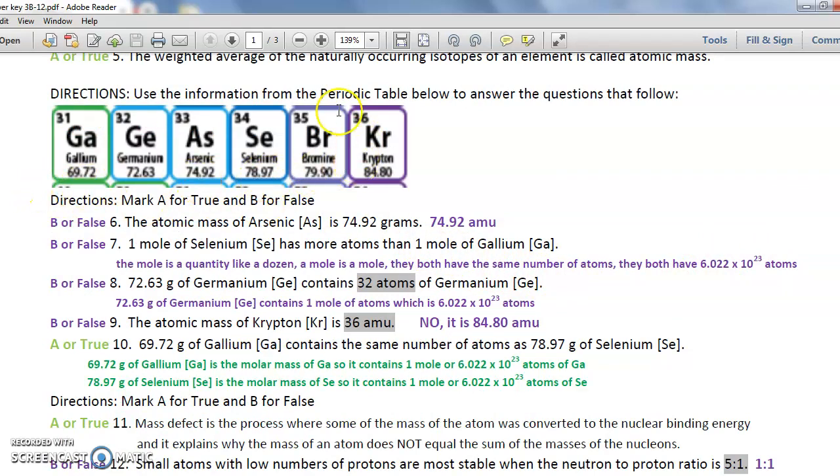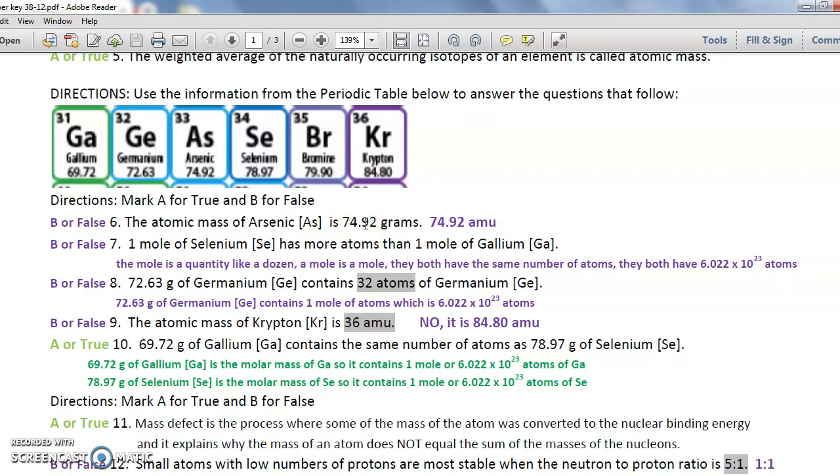And they are dealing with this little slice of the periodic table here. Number 6, the atomic mass of arsenic, which is right here, is 74.92 grams. No. 74.92 grams would actually be the mass of 6.022 times 10 to the 23rd arsenic atoms, because that is the mass of 1 mole.